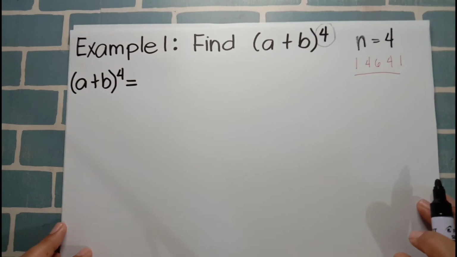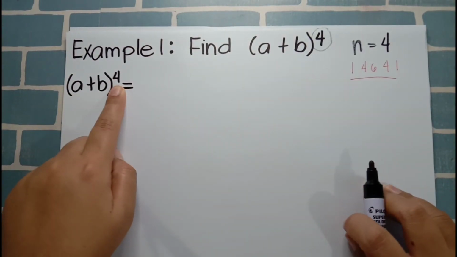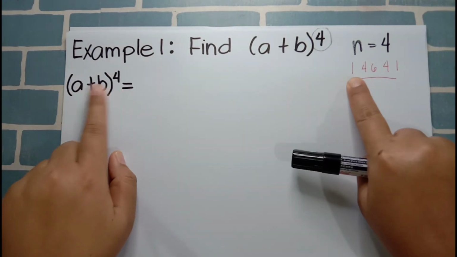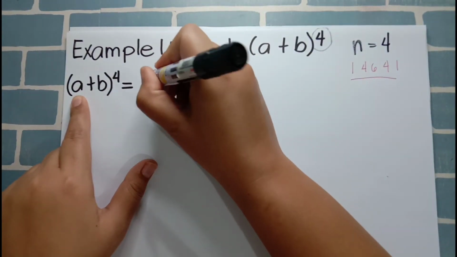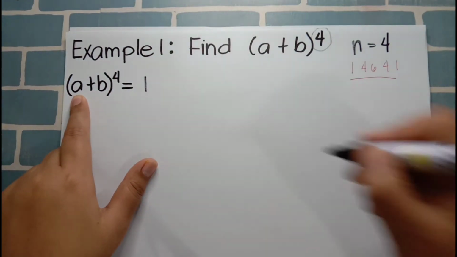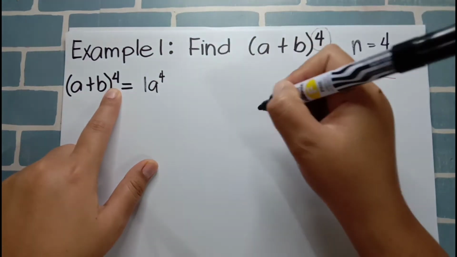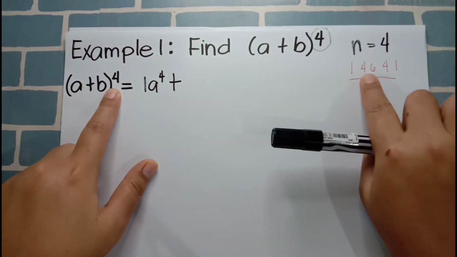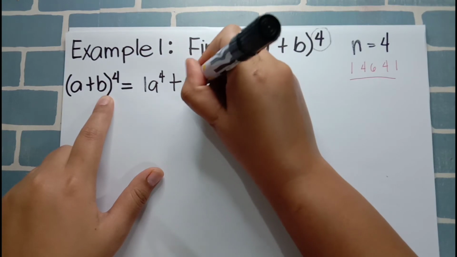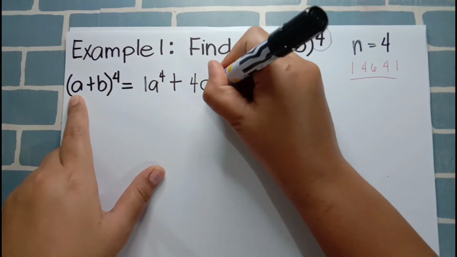In the first term, a, we raise it to 4, times 1. So 1 times a raised to 4, plus the second term, we multiply 4 times a cubed.